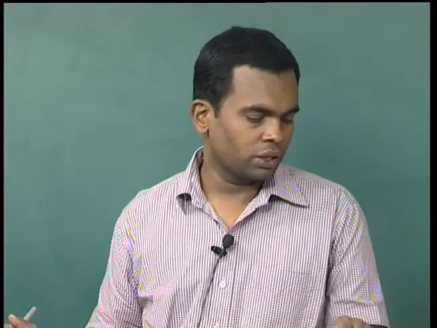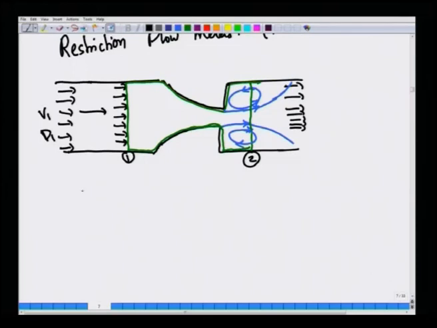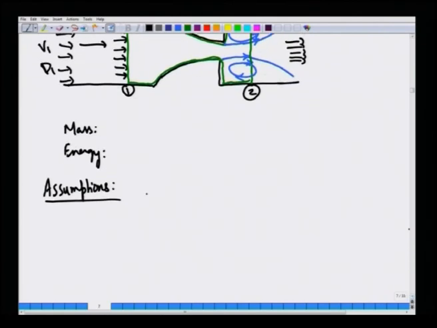Okay. So what are the basic principles that we have? We have mass conservation, okay, mass balance, integral mass balance, and energy balance. Okay. So let us also make some assumptions, because this is a fairly complex problem, it cannot be solved without making these assumptions.